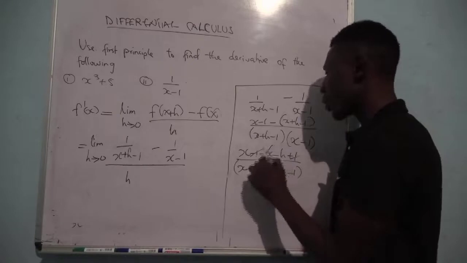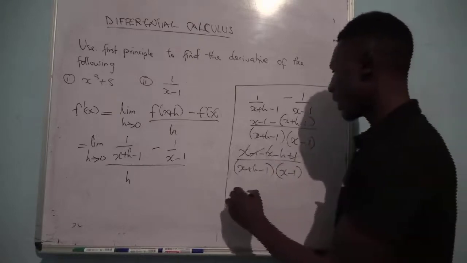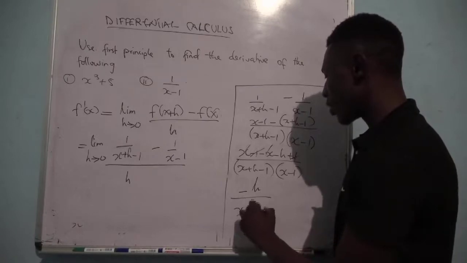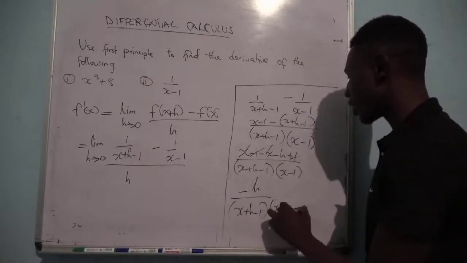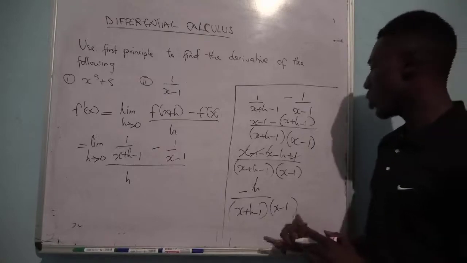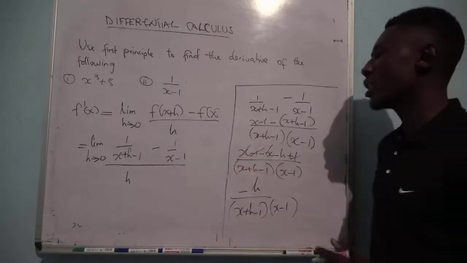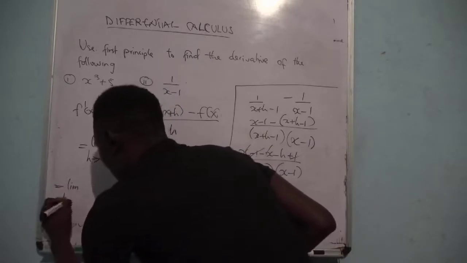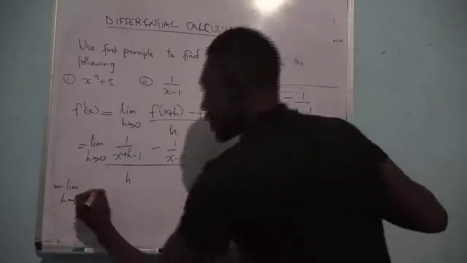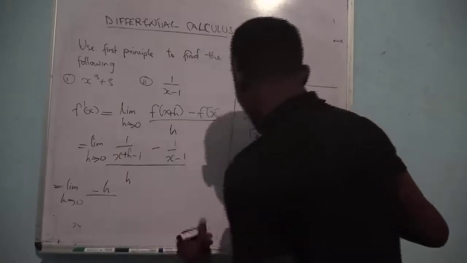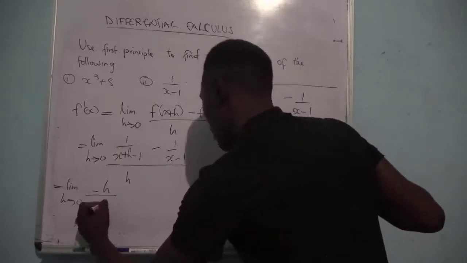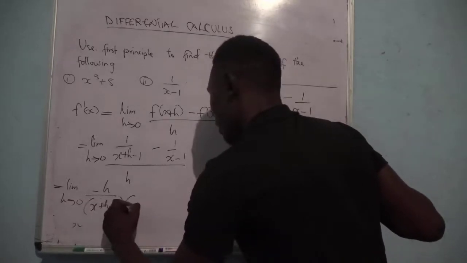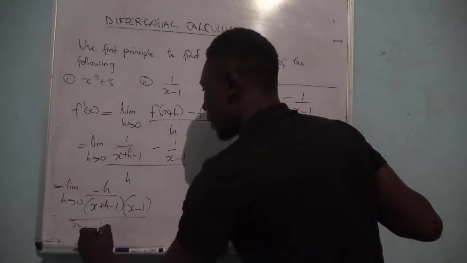The x and the x will also cancel, meaning that I'm going to get negative h over x plus h minus 1 and x minus 1, like that. So this is what I'm going to substitute on my numerator. So I'm going to get the limit as h approaches 0 of negative h over x plus h minus 1 multiplied by x minus 1, all divided by h.